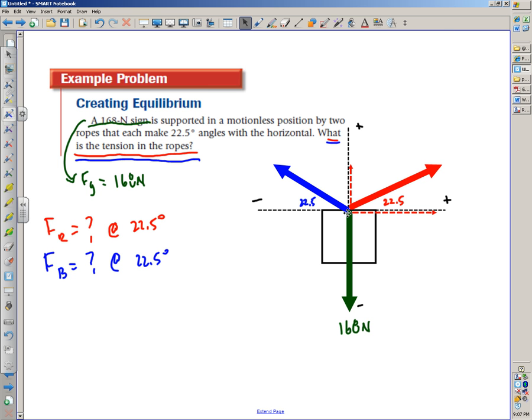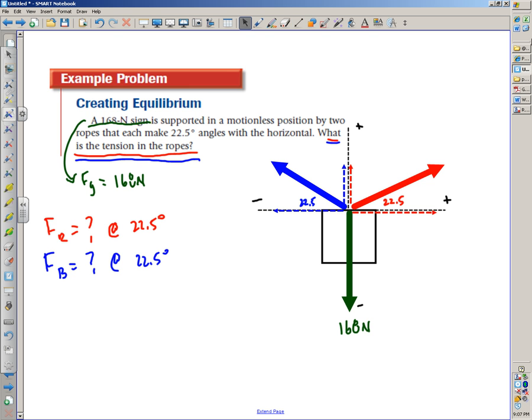So red's component vectors look something like this. A force that points diagonally up to the right is pulling both to the right and up at the same time. Force blue, because it's pulling diagonally up to the left, is pulling up and to the left at the same time.